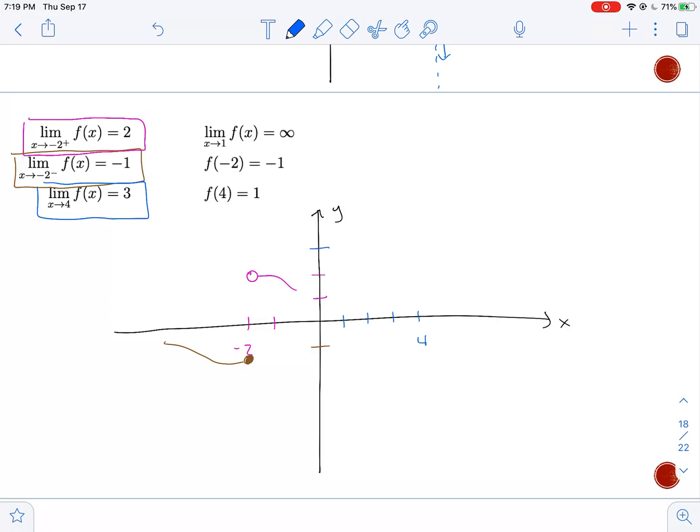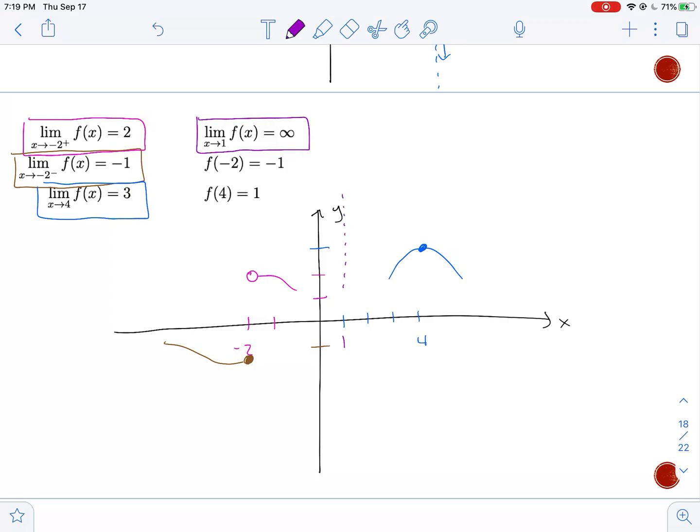My limit as x is getting closer and closer to positive 4. So 1, 2, 3, 4 is 3. So that means from both directions, the graph of my function at 4 is at a height of 3. I don't know what's happening on either side, so I'm just going to make this a sad-looking parabola on both sides. Now it's saying that as the x values are getting closer and closer to 1, the limit is infinity.